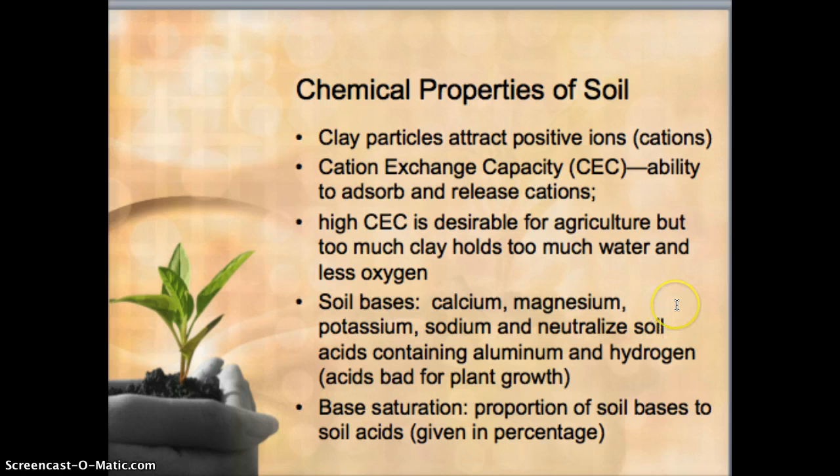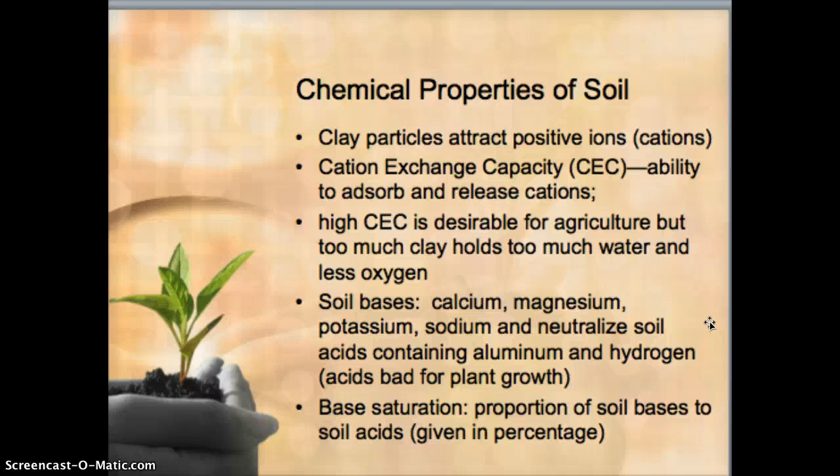Some of the soil bases that we have, things that are basic solutions, you may have heard the terms alkali soil. That means that there is a soil that is a basic solution. Those usually contain calcium ions, magnesium, potassium, sodium, and we can help neutralize the soil acids with aluminum and hydrogen.